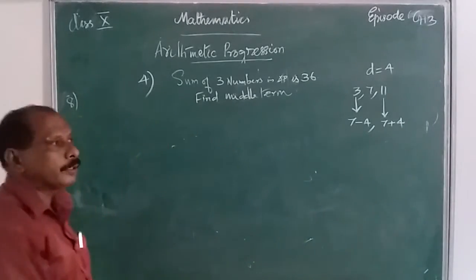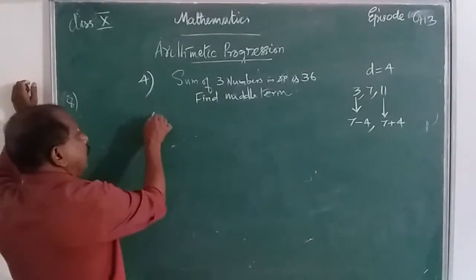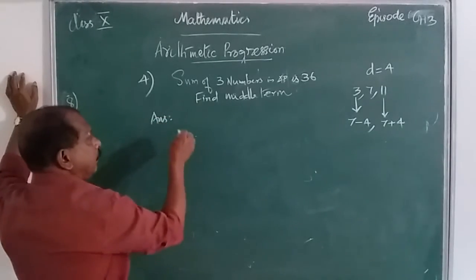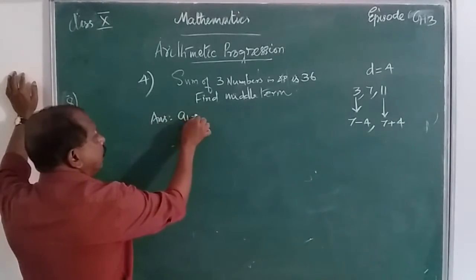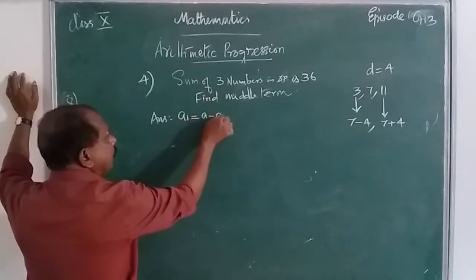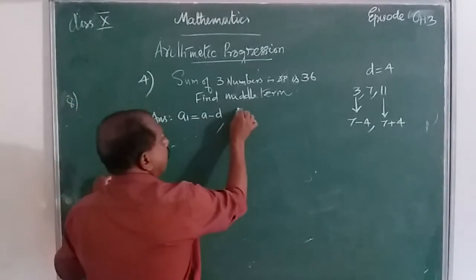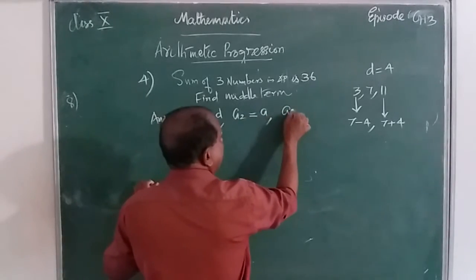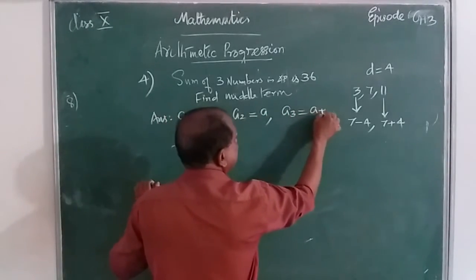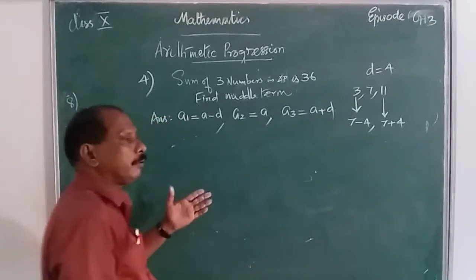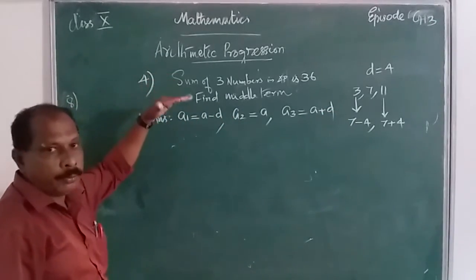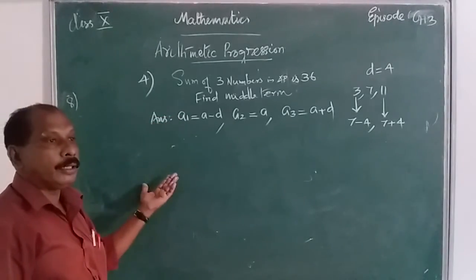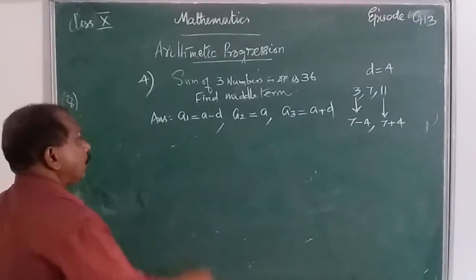That is, the second term is the middle term. Therefore, A1 is equal to a minus d, A2 is equal to a, A3 is equal to a plus d. In this type of problems, let us consider the second term is a, the first term is a minus d, and the third term is a plus d.